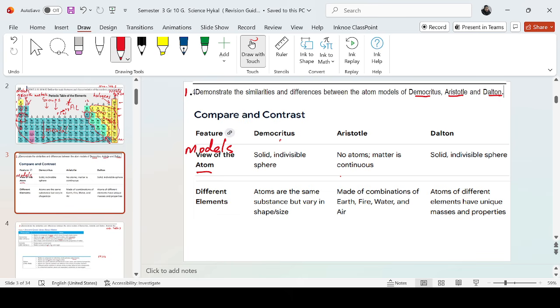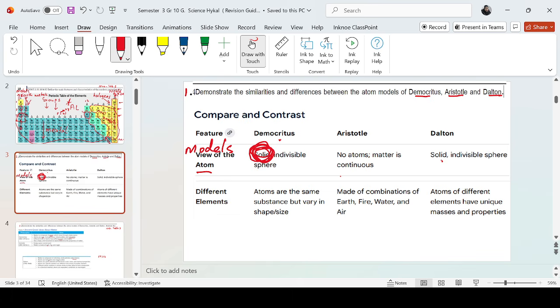Democritus, long time back, said matter is made up of small particles called atoms, which are solid. This one you cannot divide. This is the smallest. Democritus' idea and Dalton's idea are agreeing.